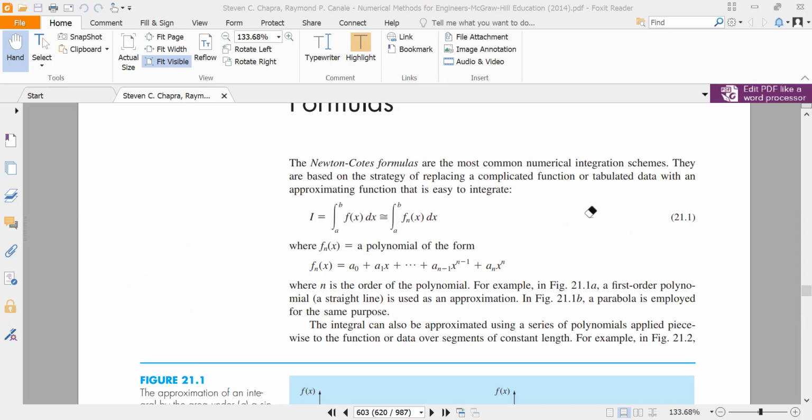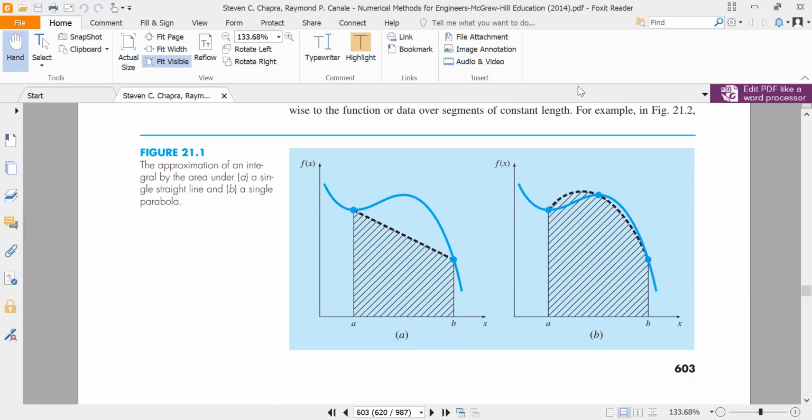So the first thing is then what? If we have 2 points, then these 2 points can be connected by a straight line. This is figure A. Then you can use your trapezoidal rule to calculate the area under this line that will be equal to the integral of your function between A to B. And you can easily say that this will incur some error depending on the variation of your function between these 2 data points.